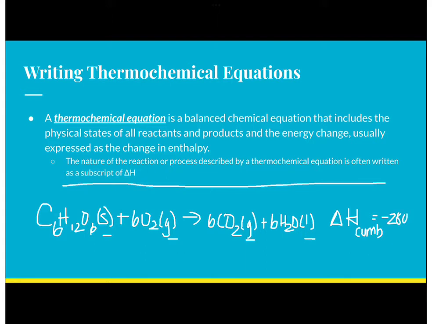And this is actually 2,808 kilojoules. So this would be a complete thermochemical reaction. It includes the nature of the reaction and the enthalpy. The enthalpy is recorded with its negative sign because this is exothermic. You have your states of matter. It is a balanced equation, so this would be complete.